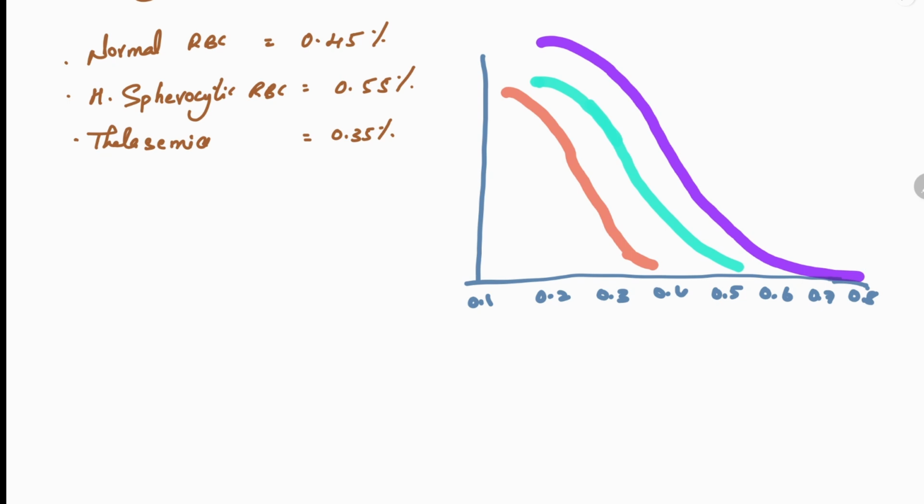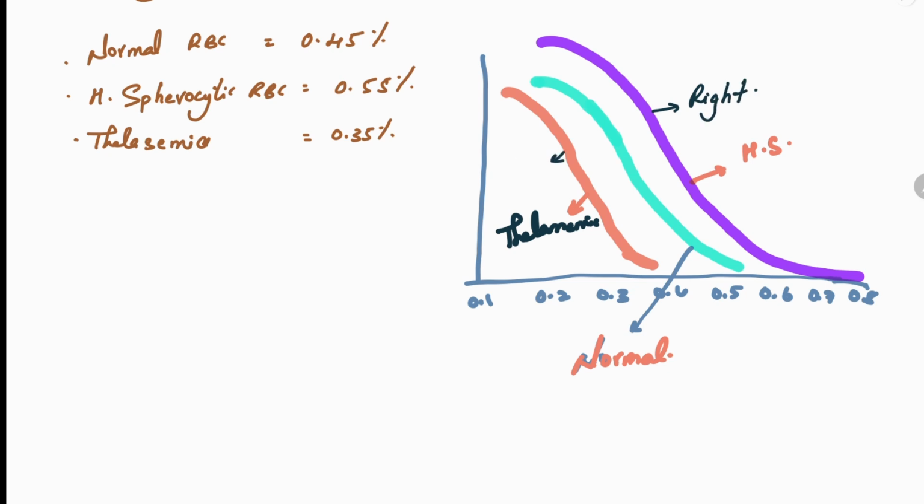Okay, so this is the normal one. This is the condition we see in hereditary spherocytosis, and this is the condition that we see in thalassemia. Okay, this will be right side shift, this will be left side shift.